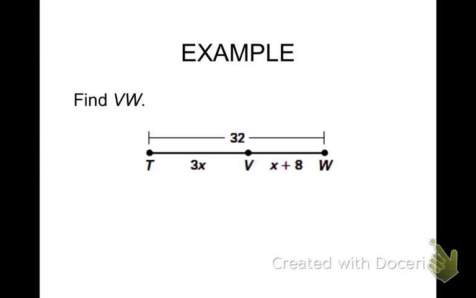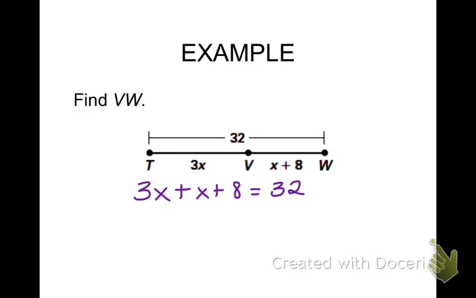So now let's think about segment addition. If the whole thing is 32, this part plus this part should add up to what number? 32. So can we write that as an equation? Sure. So this, which is 3x, plus this, which is x plus 8, should equal 32.